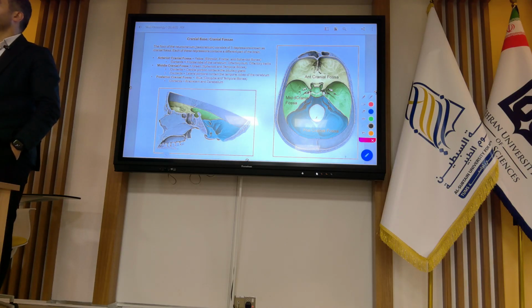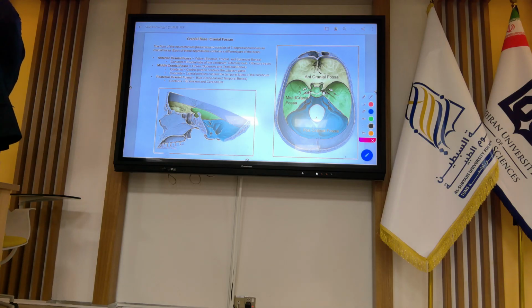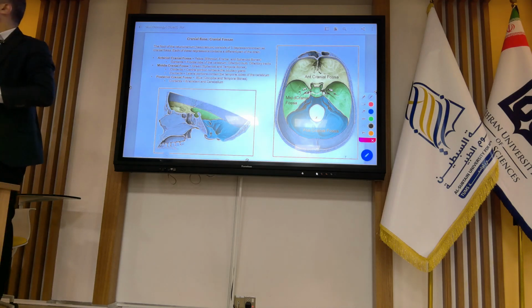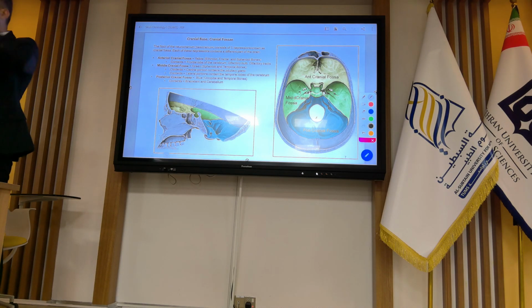When we say CNS, central nervous system, it means the cerebrum, the little brain, the brain stem, and the spinal cord. When we say PNS, peripheral nervous system, it means all of the nerves going out from the CNS.